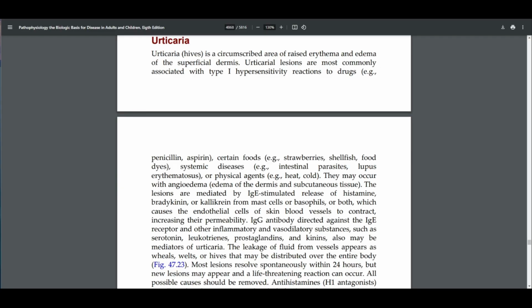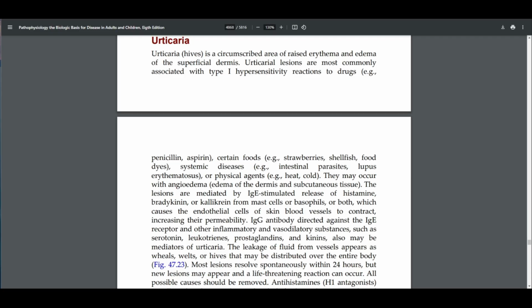They may occur with angioedema. The lesions are mediated by IgE-stimulated release of histamine, bradykinin, or kallikrein from mast cells or basophils, or both, which cause the endothelial cells of skin blood vessels to contract, increasing their permeability.